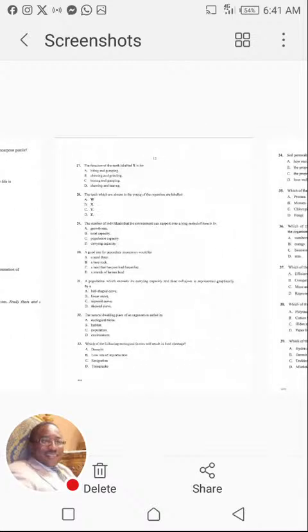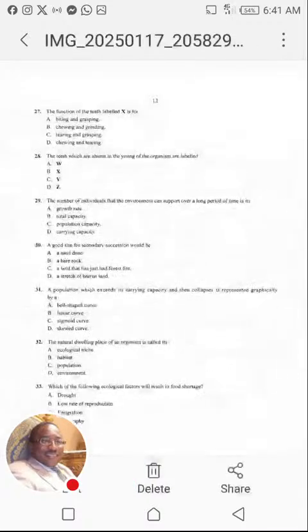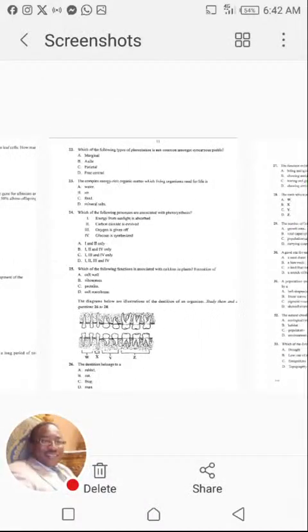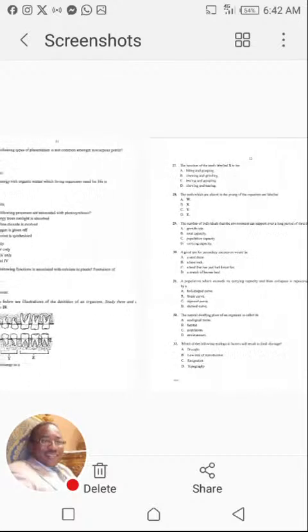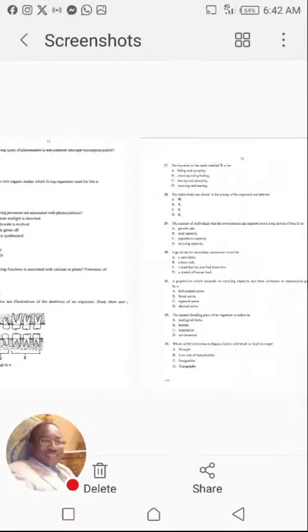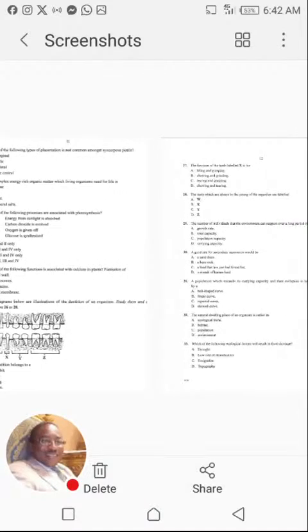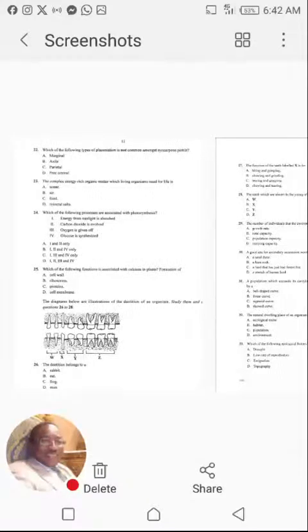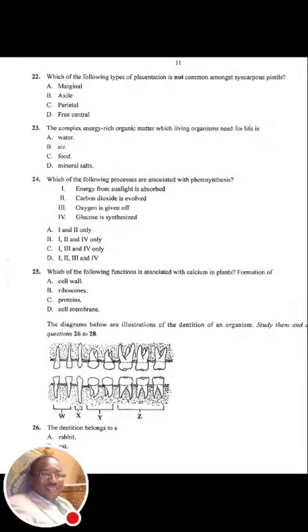Now let's pay attention to number 27 because it's related to this. I'm reducing the size so that you can see what we are doing on my screen. If you check number 27, they said the function of the teeth labeled X is for A. Look at X. From the diagram, as you can see, that X is the canine tooth.